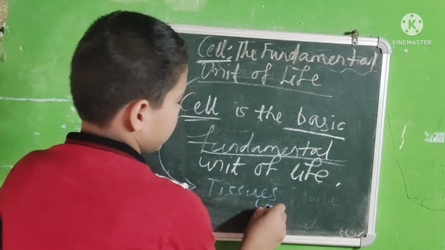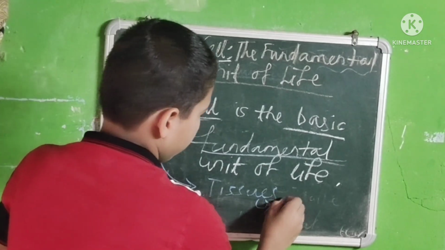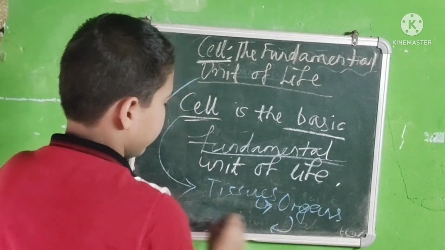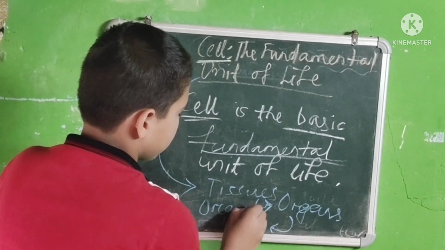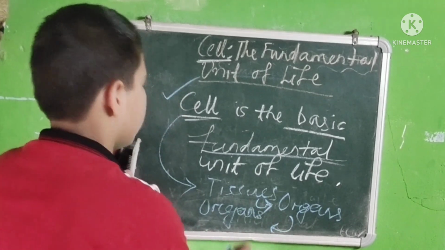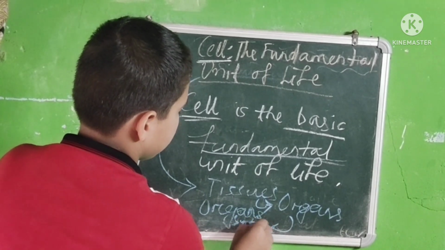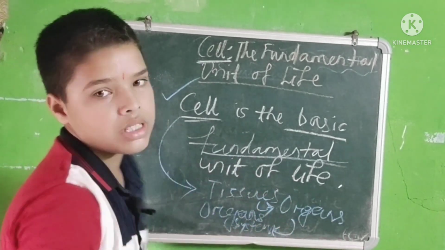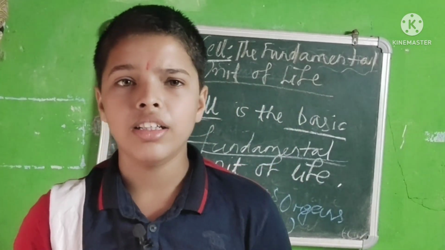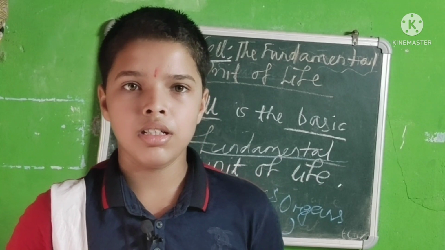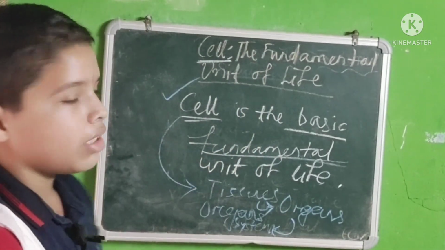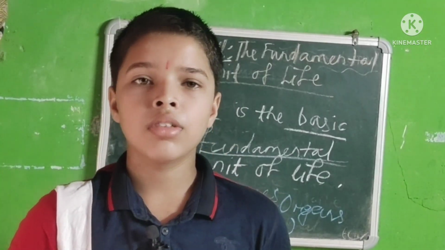The tissues then combine to form organs, and the organs systematically form organ systems like the circulatory system, respiratory system, digestive system, etc. And these organ systems combined make us what we are. That means we ourselves are made up of cells, and these cells are the basic fundamental unit of life.